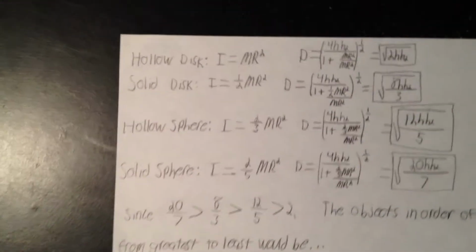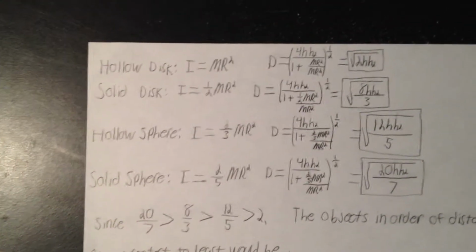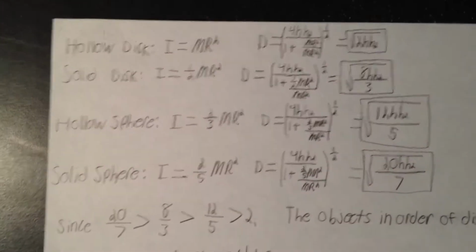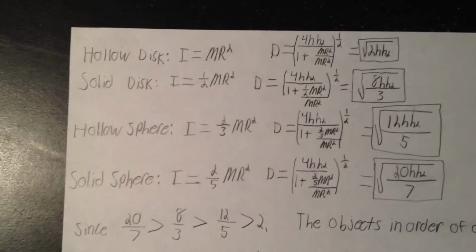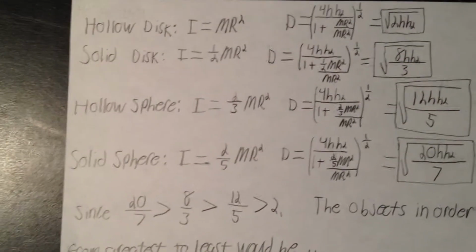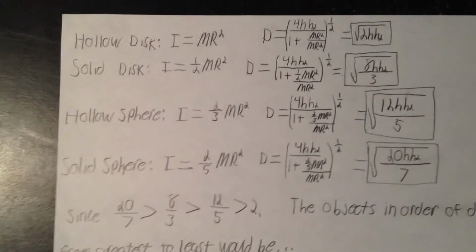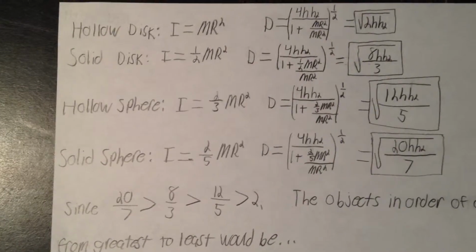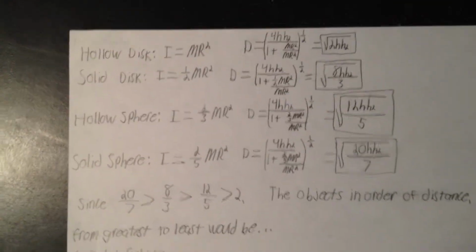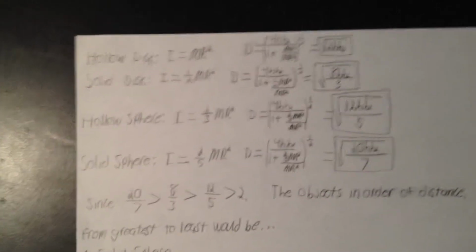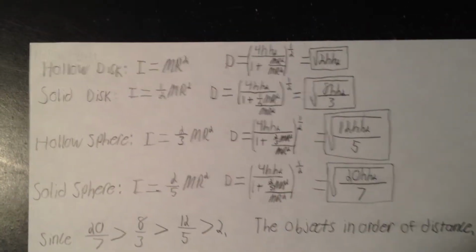To determine which of the four will go the farthest, all we need to do is plug the moment of inertia into the equation that we just found. And since I just determined that changing the mass or the radius won't change anything, I haven't solved for those, since we know it won't change anything.